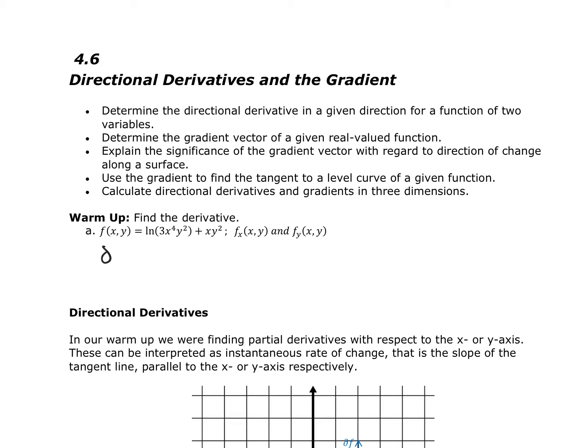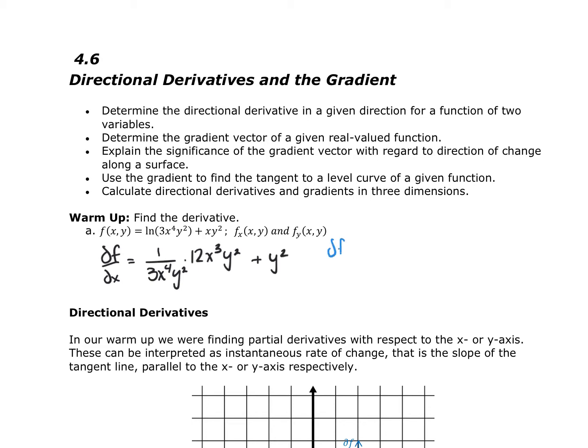So the partial derivative of my function with respect to x will be equal to 1 over 3x raised to the fourth y squared, and then the derivative of that, which is going to give me 12x cubed y squared, plus the derivative of the second term with respect to x, which is just going to be y squared.